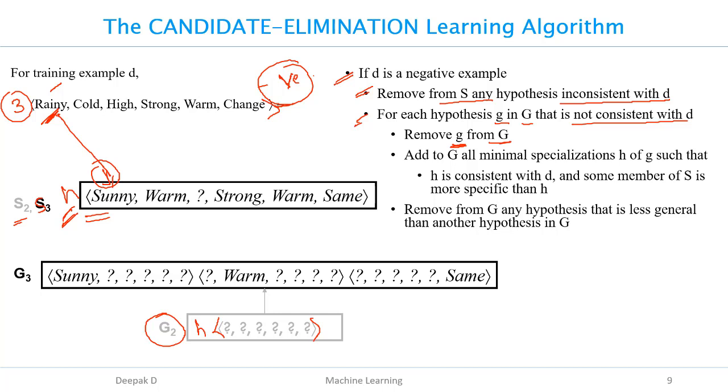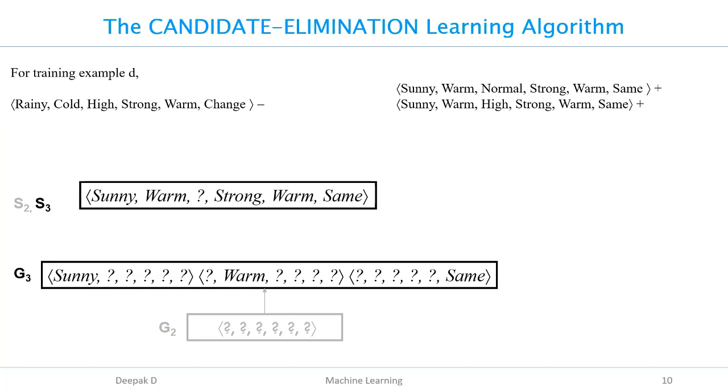If I keep it as it is, this hypothesis will not classify my third instance negative as negative. So I have to update this boundary, that is G2, to G3, which consists of a set of hypotheses. Here you can see 3 hypotheses. How we received these 3 hypotheses, we shall see now.